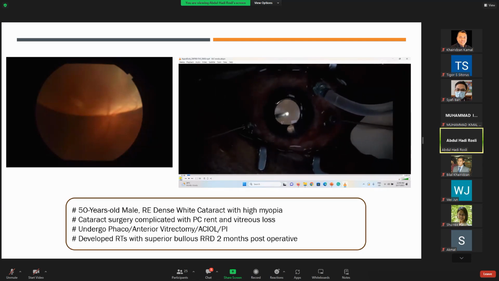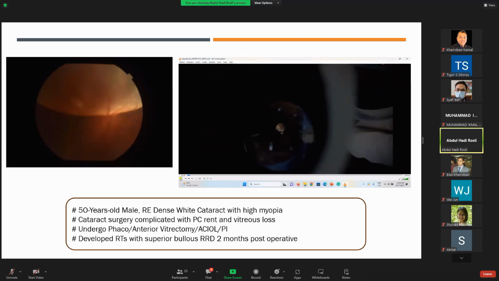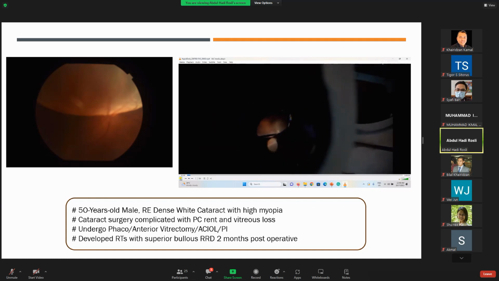The cataract surgery was complicated with PC rent and vitreous loss. So we did phaco, intravitreal, ACIOL, and PI for him. But unfortunately, he developed a retinal tear with superior bullous RRD 2 months post-operatively. So we did the TPPV for this patient.